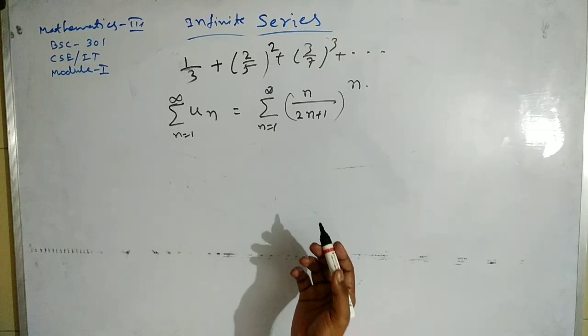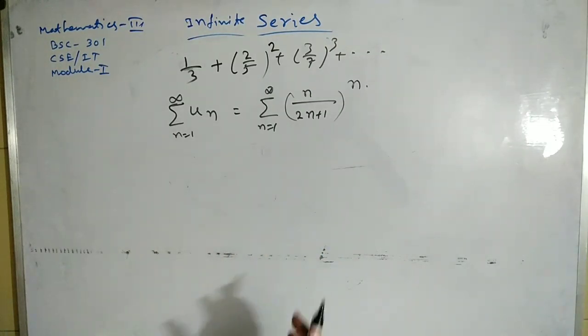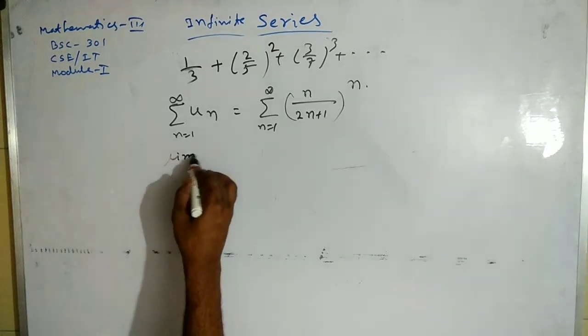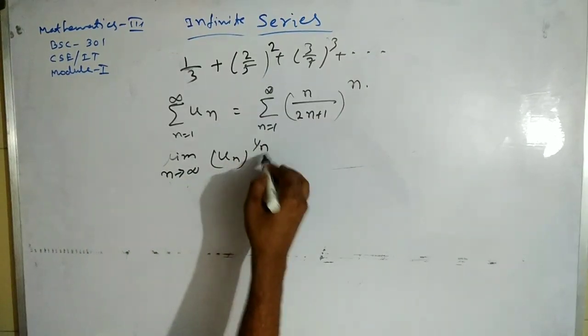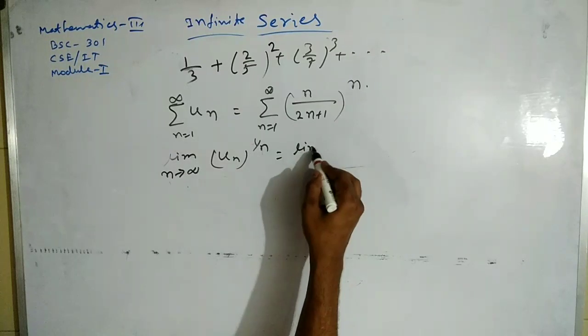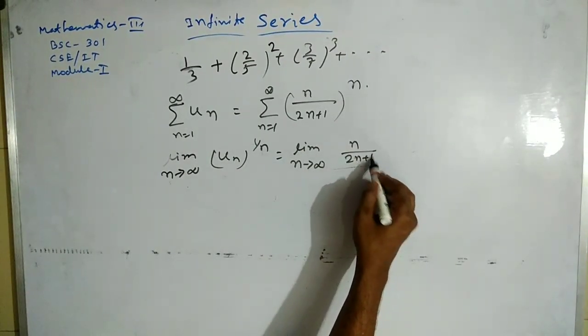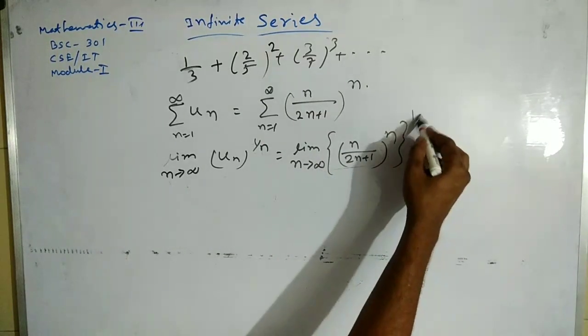Now for checking the convergence of this series, I will apply Cauchy's root test here. According to Cauchy's root test, we have to find the limit of un whole to the power 1 by n. So here un is n by 2n plus 1 whole to the power n, and whole to the power 1 by n.